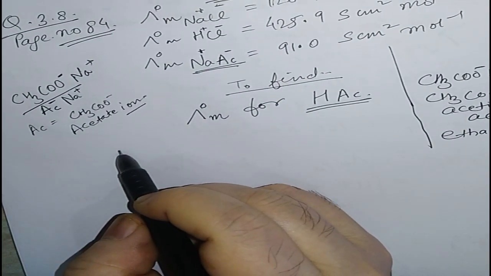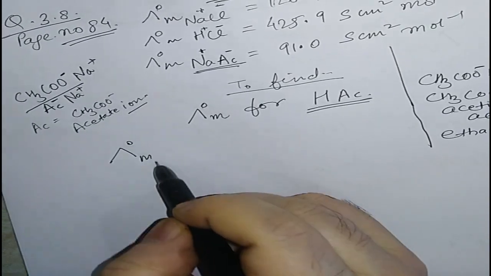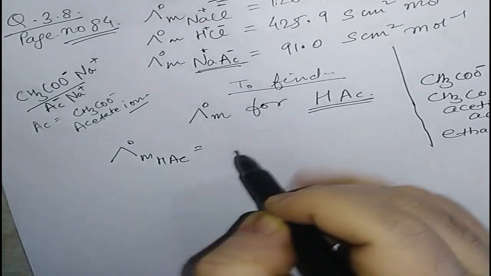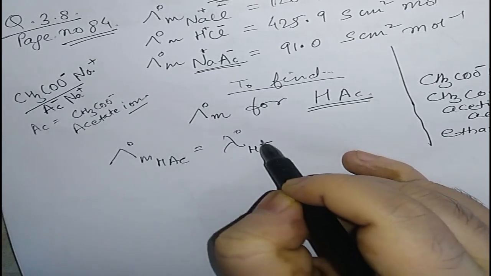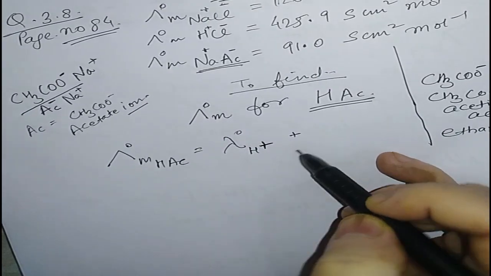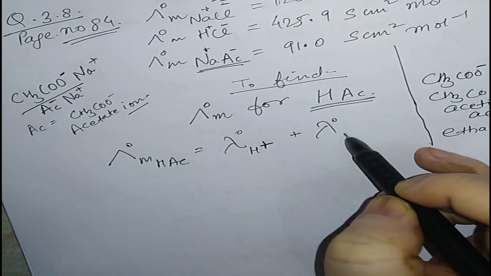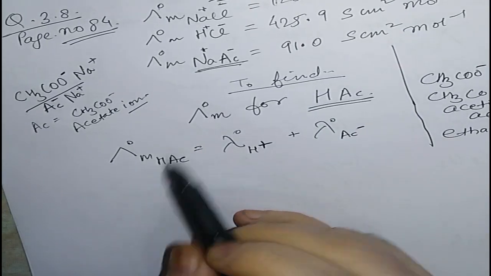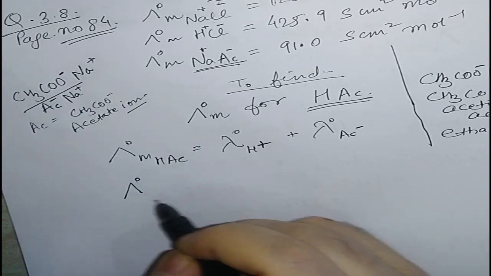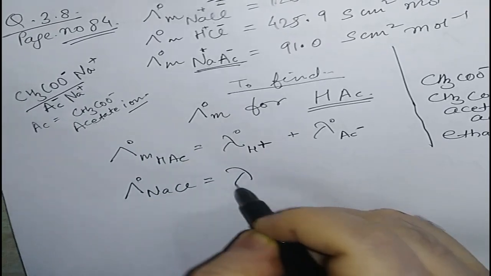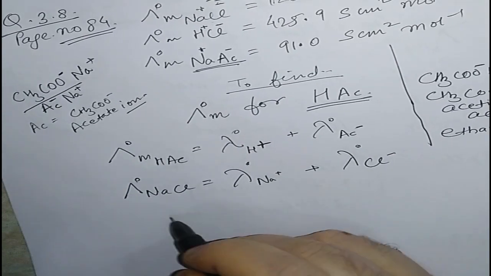So our target equation is lambda m HAC will be equal to small lambda H plus, plus small lambda m AC minus. This value can be written as Na plus, Cl minus.